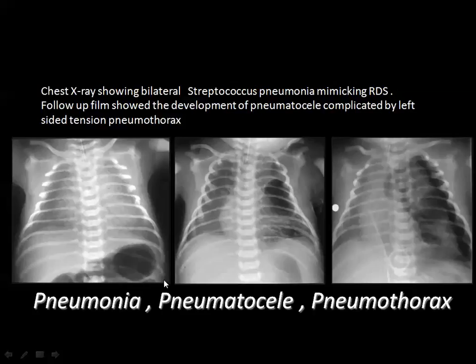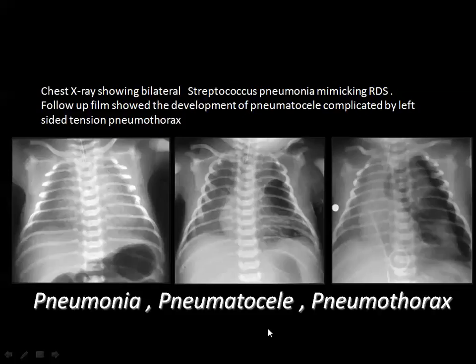And you remember in the course of pneumonic consolidation, sometimes during the healing process of pneumonia, especially staph pneumonia, there may be some development of pneumatoceles, which are thin-walled, air-filled cavities within the lung.